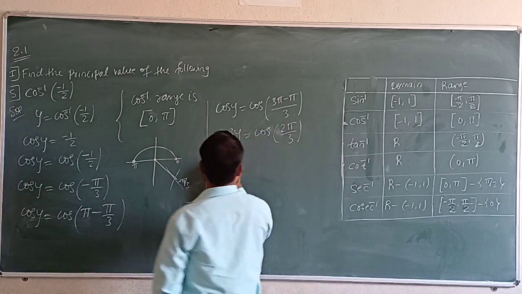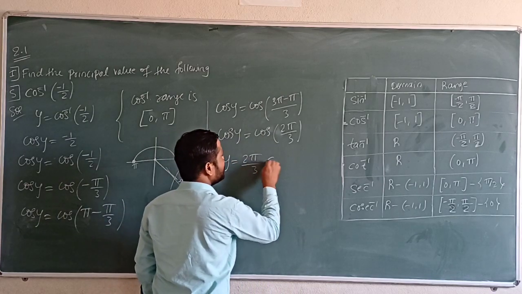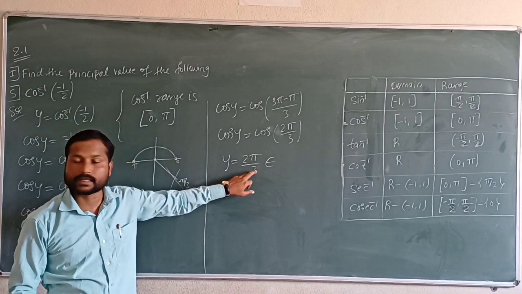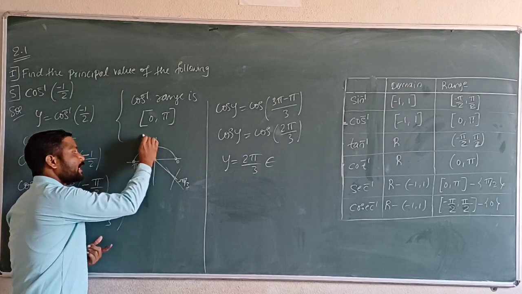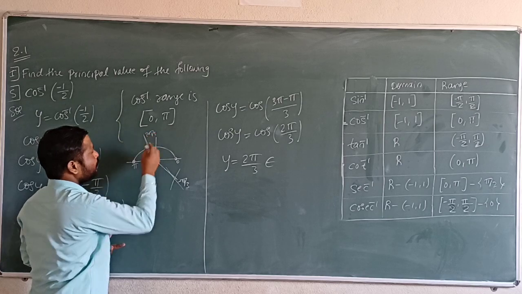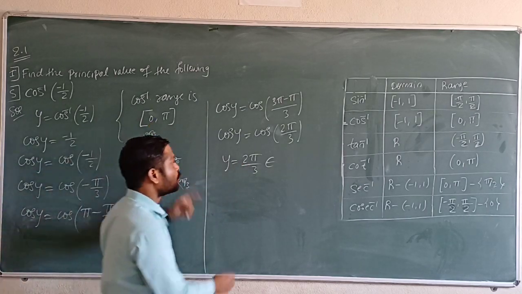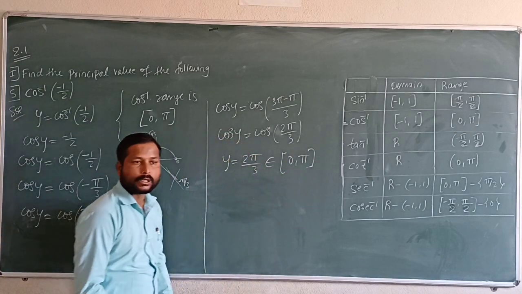Then y is equal to 2 pi by 3. Is it in the range? Pi by 3 is 60 degrees, and 60 into 2 is 120 degrees, which is in the second quadrant. Now it is inside the range. So y is equal to 2 pi by 3 belongs to the closed interval 0 to pi.